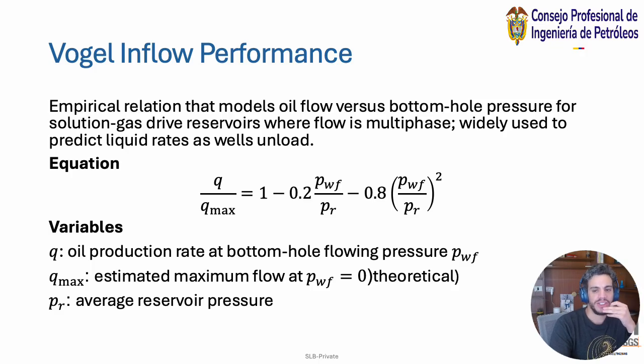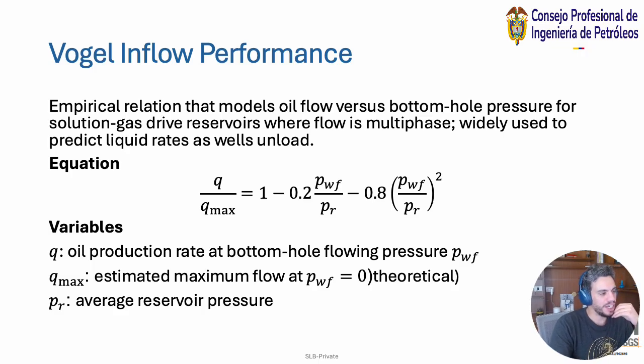For solution gas drive reservoirs, oil near the well liberates gas, causing nonlinear inflow behavior. Vogel's equation is basically trying to capture that in an empirical sense, right? It's an empirical formula trying to predict the liquid rates. And when we look at this equation, it is Q over Q max.